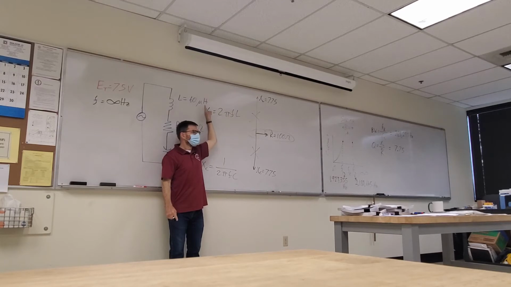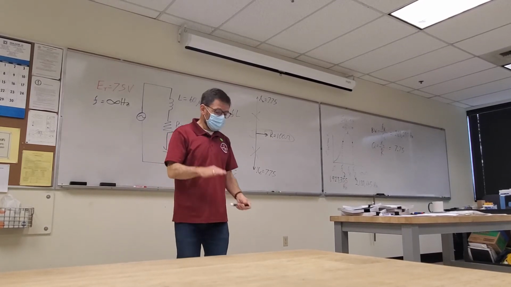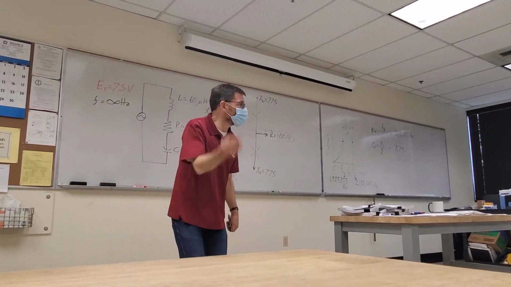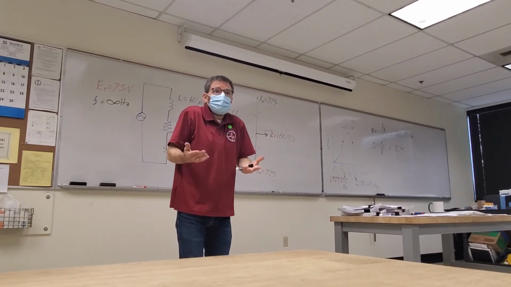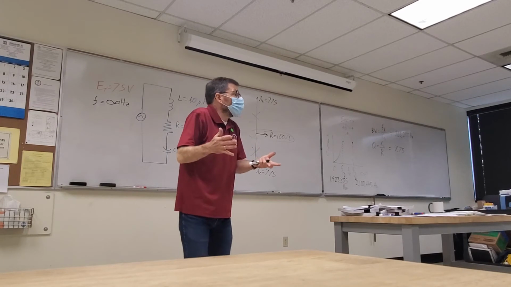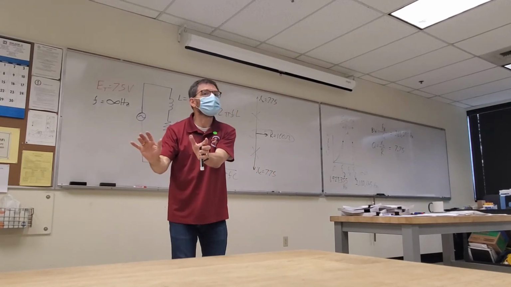It'll be infinitely large. Infinitely large, and XL is measured in ohms. So that thing is constantly changing so fast. And what do inductors oppose? Changes in current. And if that change is infinitely large, it's just a total opposition to it. It won't let anything through.